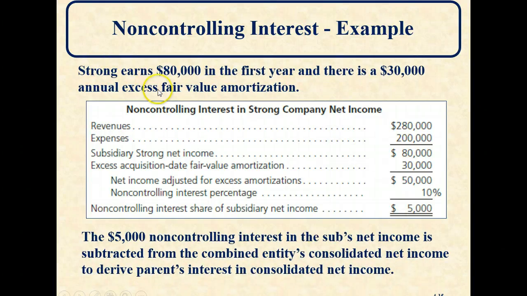So when Strong earns $80 in this first year, we've got to take into account our annual excess amortizations, and then based on that determine the percent of non-controlling interest and allocate that income to the other shareholders.